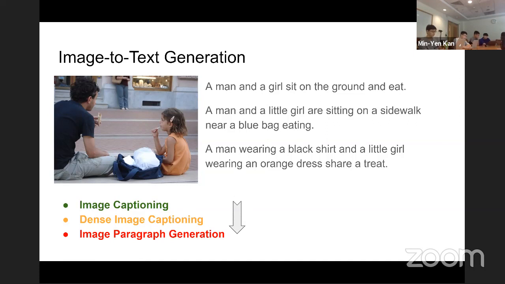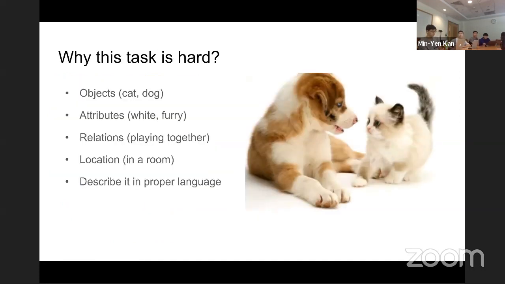First, I will try to look deeper into this problem. Why is this task hard? As you can see from the right picture, if you want to generate a description about this image, you have to consider many things. For example, you have to identify the objects.